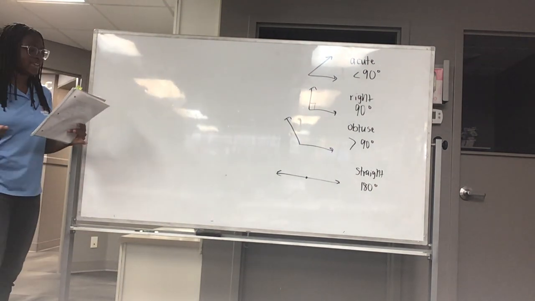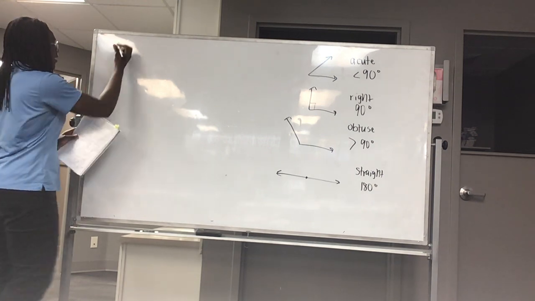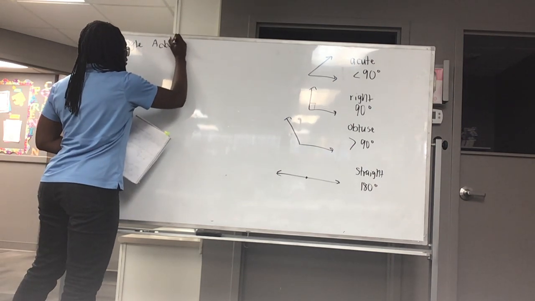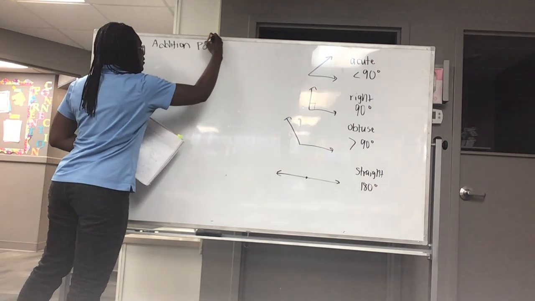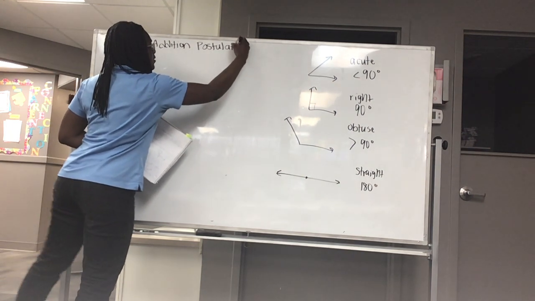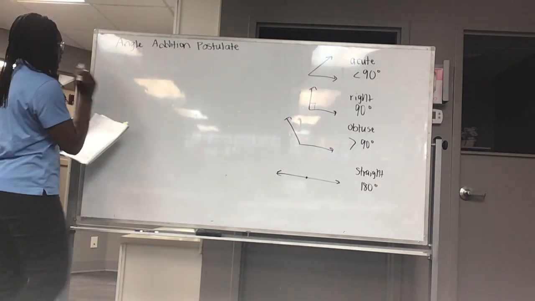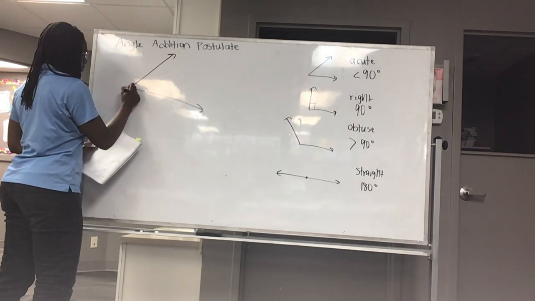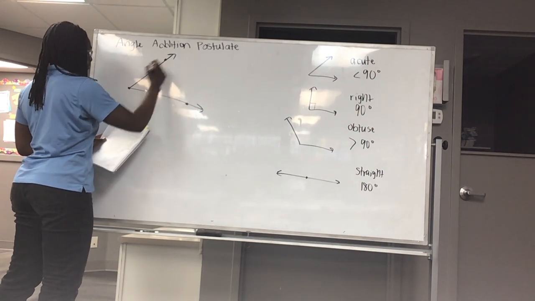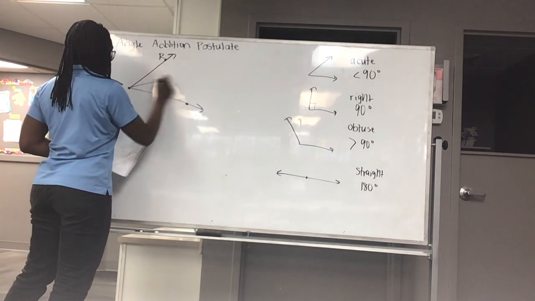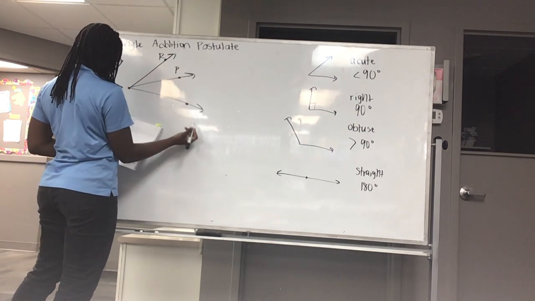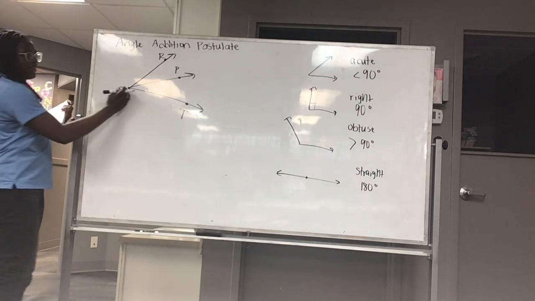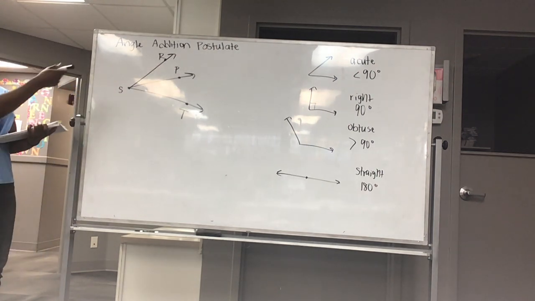Okay, so we just talked about the segment addition postulate, and then we've got something called the angle addition postulate. So again, I'm going to draw an example. For this one, my ray from S to P is in between angle RST.